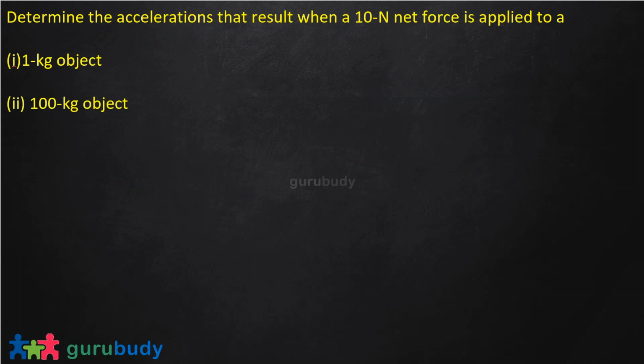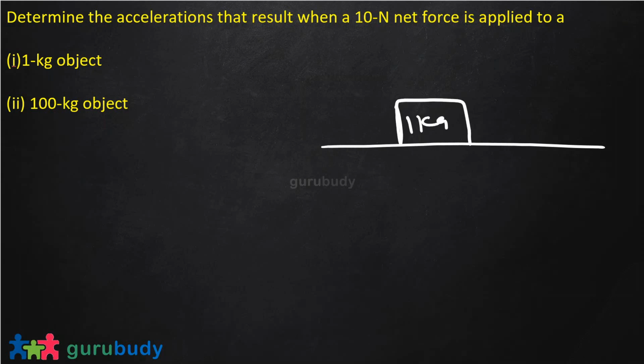Let's look at some examples here. It is asking us to determine the acceleration when a 10 Newton force is applied to a 1 kilogram object. So if I want to draw this out, let's say I have a 1 kilogram object and I'm applying a force F which is equal to 10 Newton. It is telling me to calculate the acceleration.